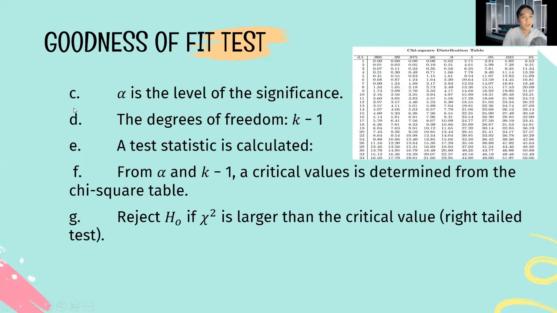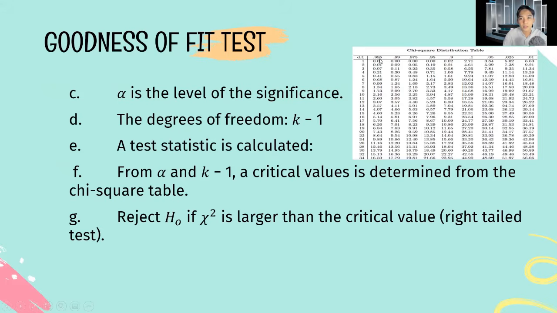And letter C, check the level of significance, yung alpha na symbol, and the degrees of freedom, we have the formula k minus 1. Saan natin to ginagamit? Pansinin ninyo, meron tayong ganito sa module 2 ninyo sa ELMS. Yan yung tinatawag nating chi-square distribution table.